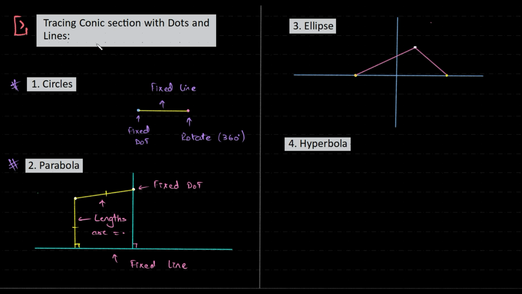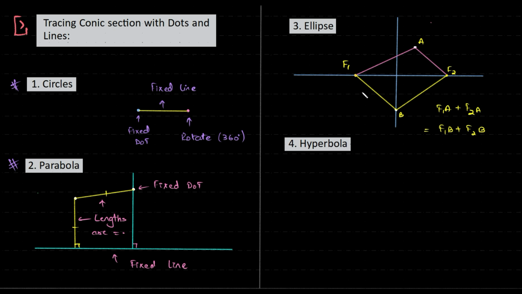I need one more point to discuss this. If I call these F1 and F2, and this is point A and this is point B, the condition is, can you guess? F1A plus F2A should be equal to F1B plus F2B. That is, the sum of the lengths should be equal.